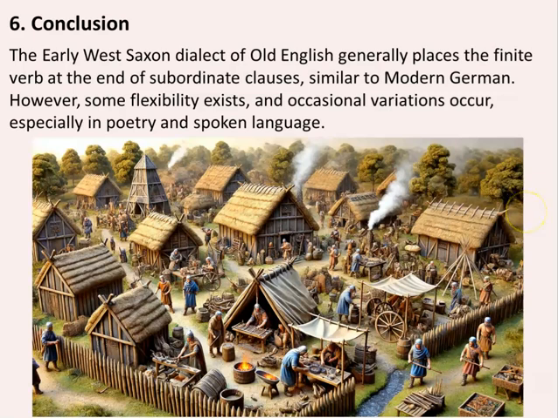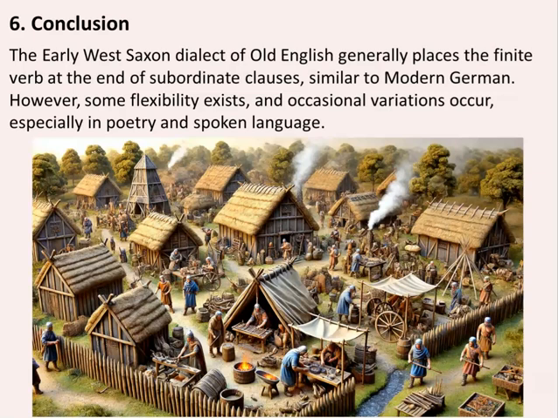All right. So the early West Saxon dialect of Old English generally places a finite verb at the end of subordinate clauses, as I was saying in previous videos. But in this video, I've been able to quantify that a bit and show that it's quite often not the case. You're looking at, on average, about 60% of the time the verbs will go to the end.